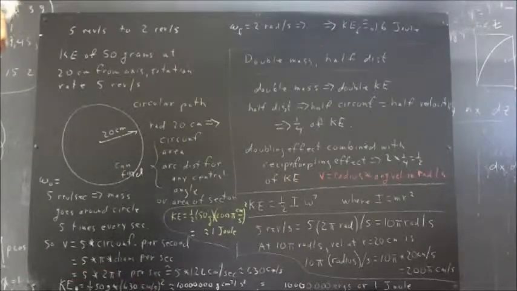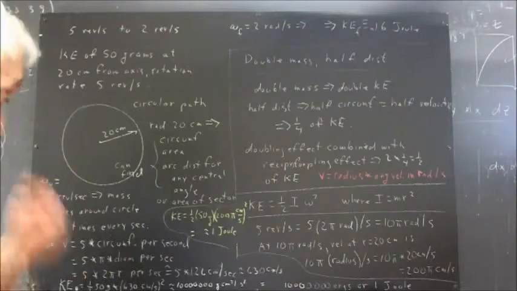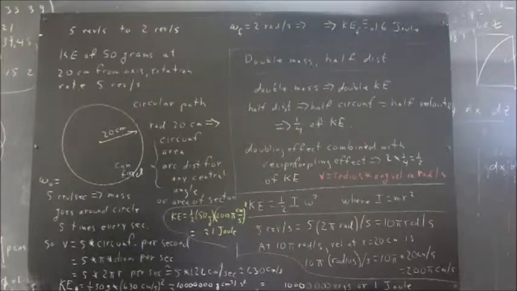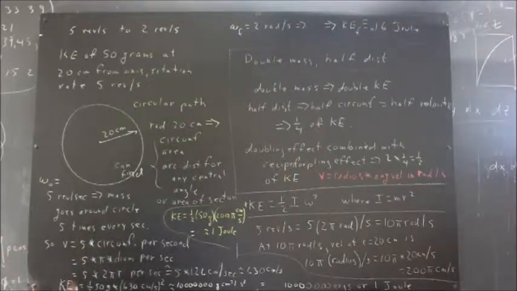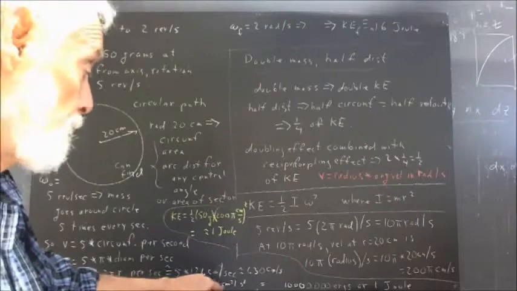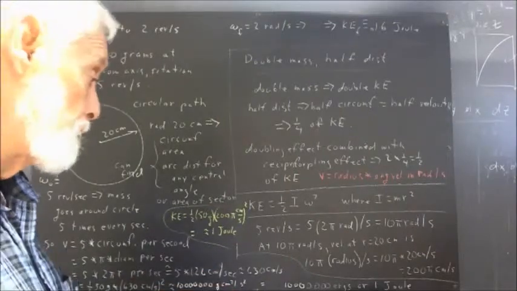Velocity being 630 centimeters per second, we square that, and that gives us about 400,000 centimeters squared per second squared, and multiplying that by 25, which is half of 50, we get 10 million grams centimeters squared per second squared.